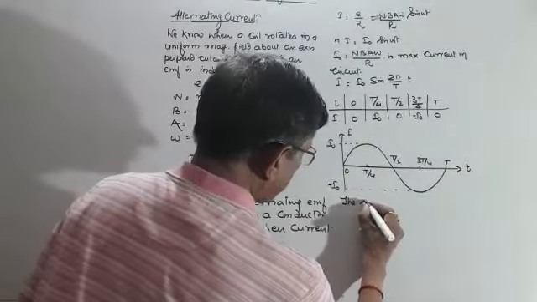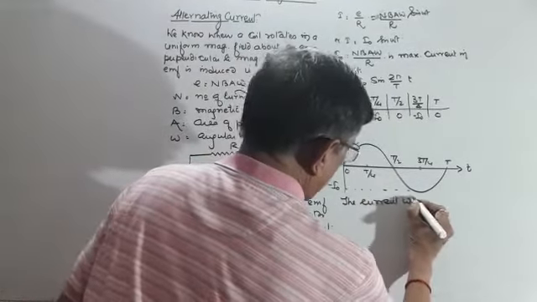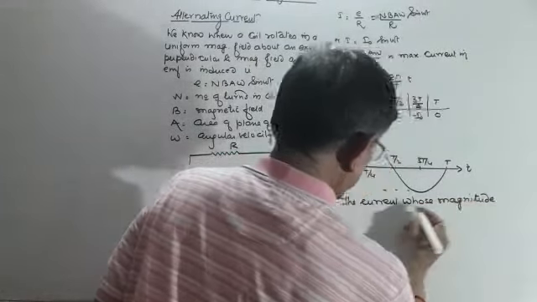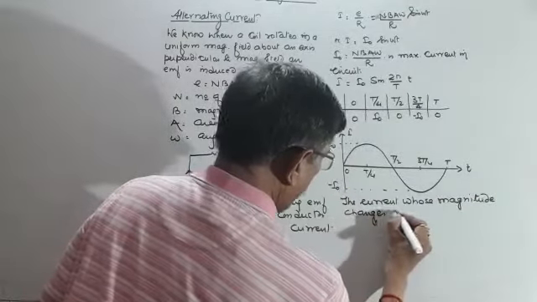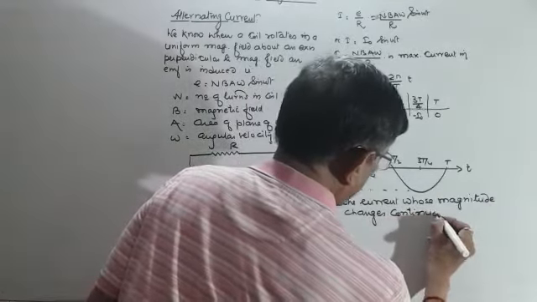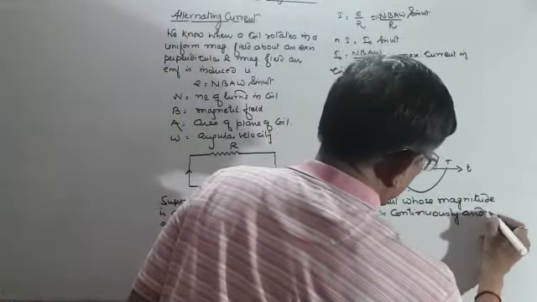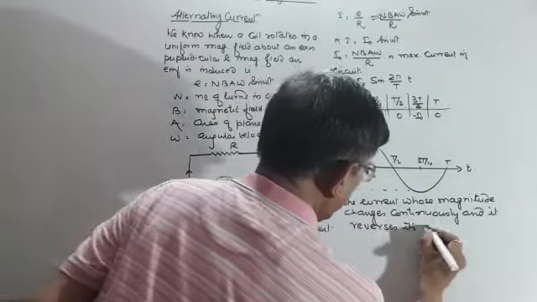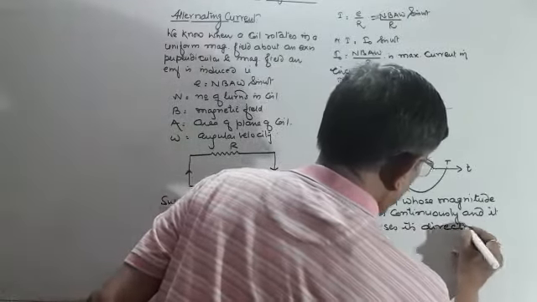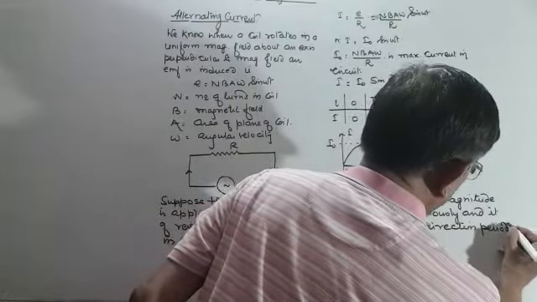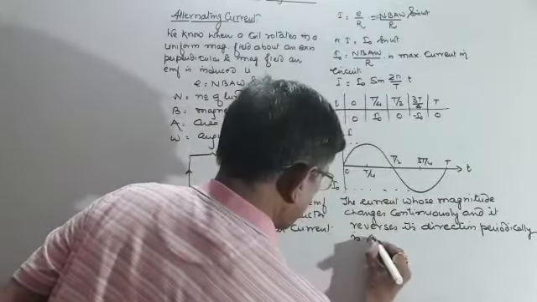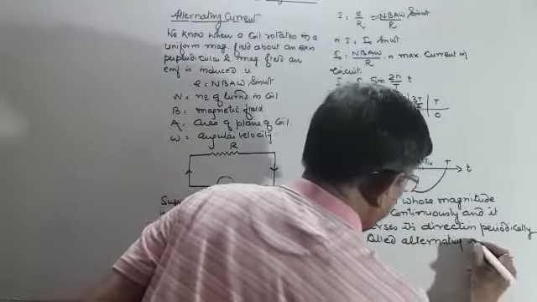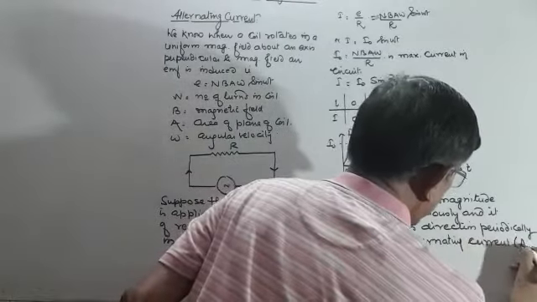So the current whose magnitude changes continuously and reverses its direction periodically, students, is called alternating current, that is AC.